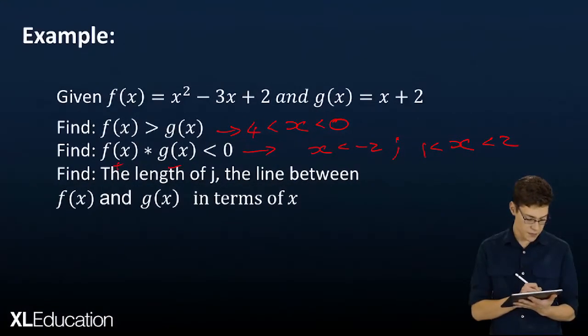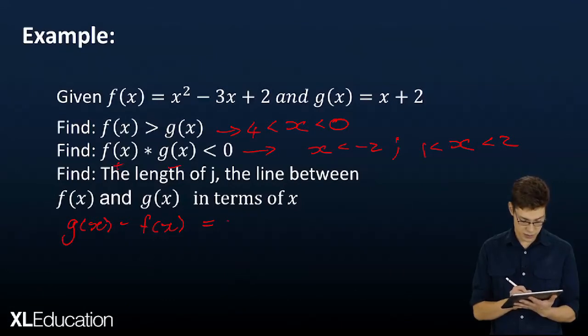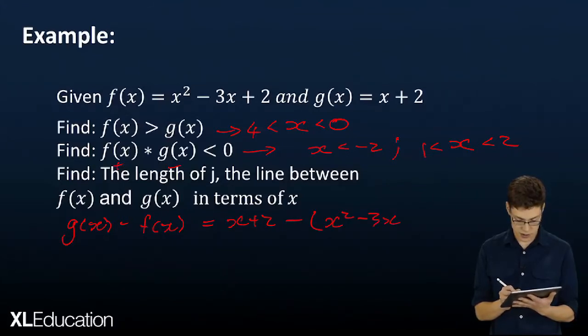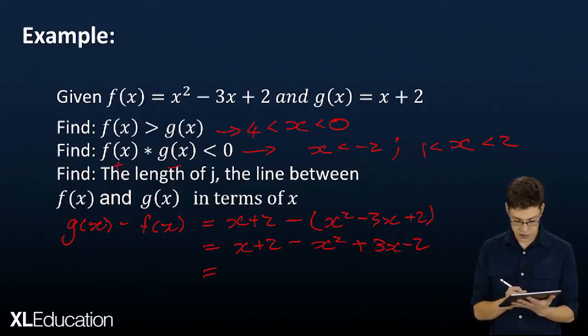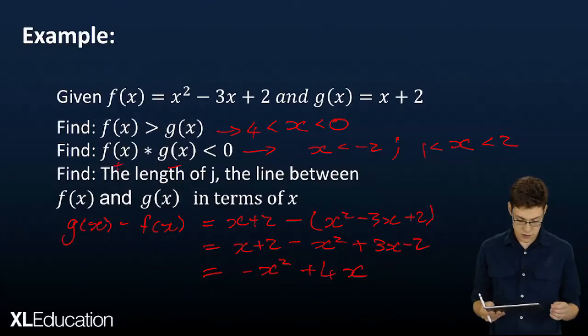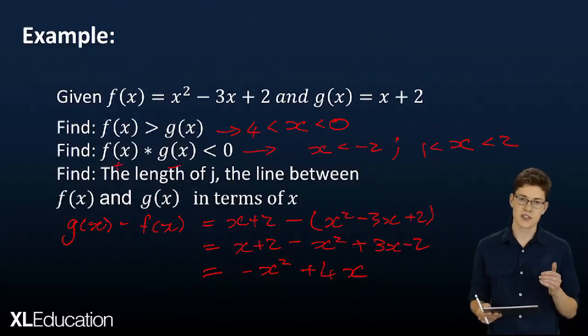So g of x minus f of x is equal to x plus 2 minus x squared minus 3x plus 2 is equal to x plus 2, we distribute that negative in, plus 3x minus 2. There's a positive 2 and a negative 2, so those cancel. Minus x squared plus 4x and no constant.